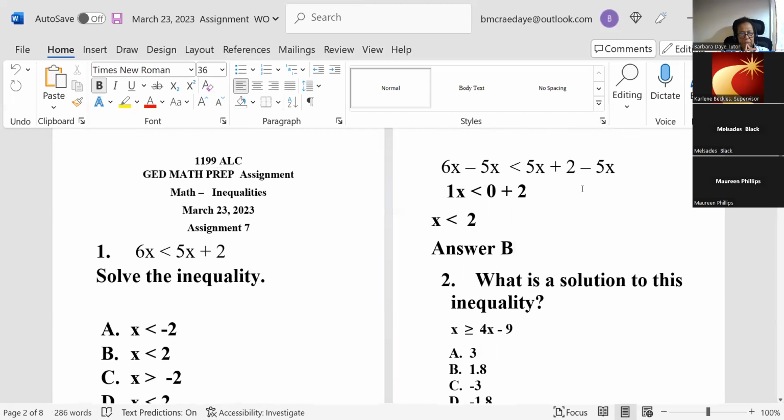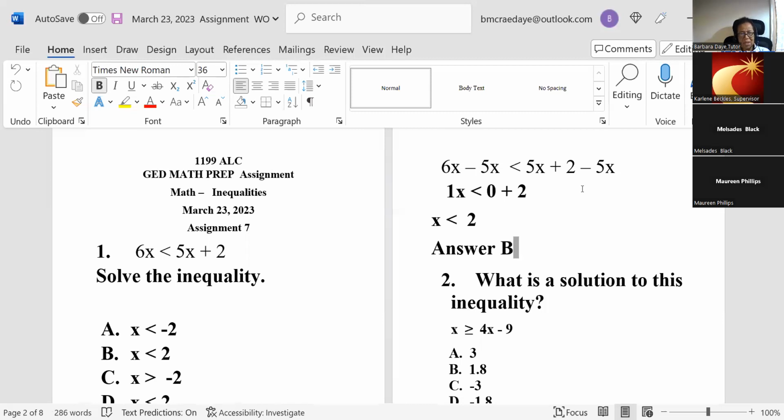Oh, all right. What I did was I subtract my -2 from both sides. Then I got the answer 6x less than plus 3. Wait, wait, wait.